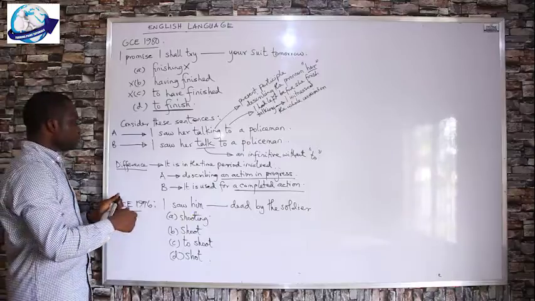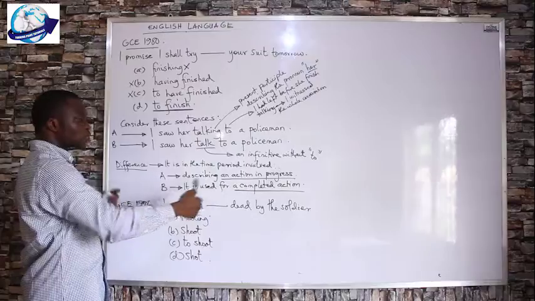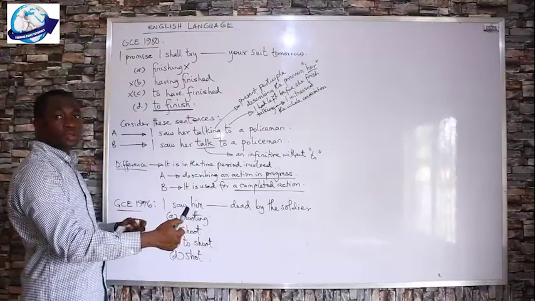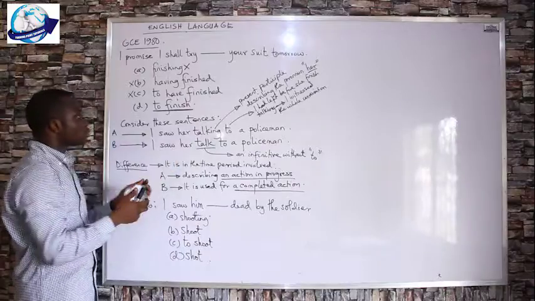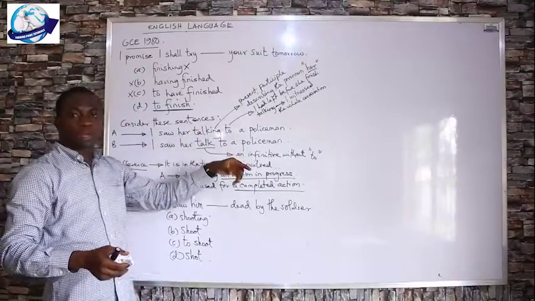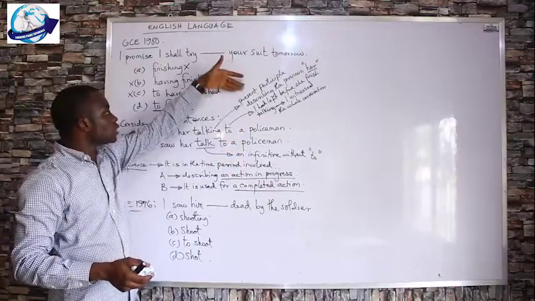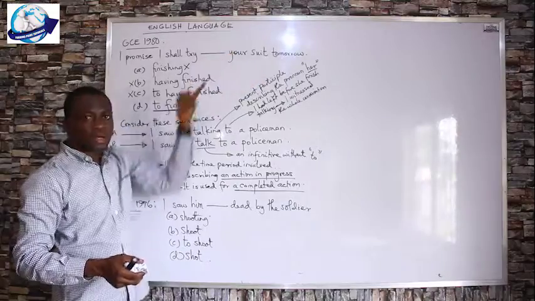Now, A is describing an action in progress. Like I said, I put a punchline here: I saw her talking to a policeman. It's a present participle describing the pronoun "her."